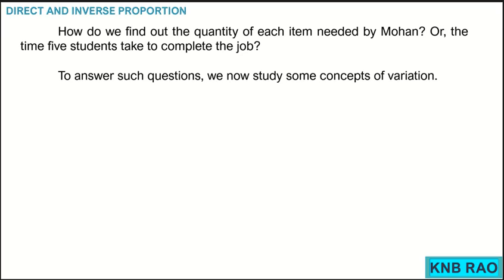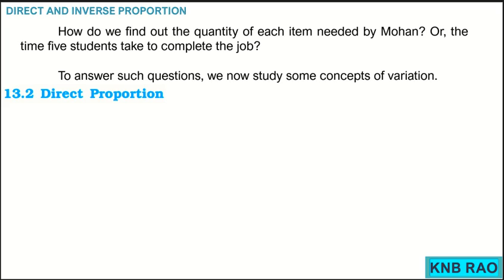So normally the concept of variation is subdivided broadly in two. One, direct variation, which you are going to learn in today's class, and another is inverse variation, which you will be learning in later classes.